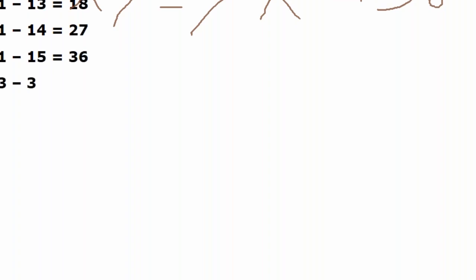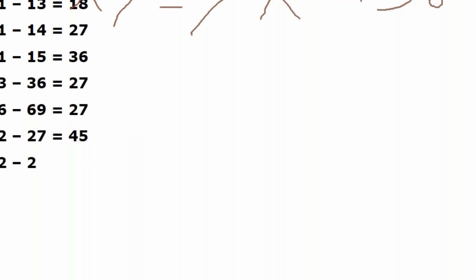63 minus 36 is equal to 27. 96 minus 69 is equal to 27. 72 minus 27 is equal to 45. 62 minus 26 is equal to 36.